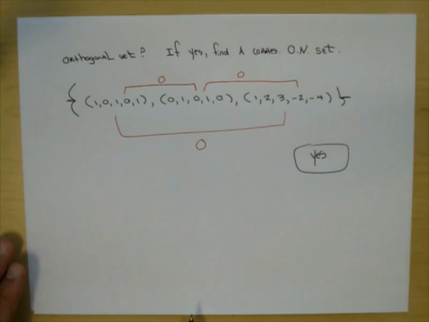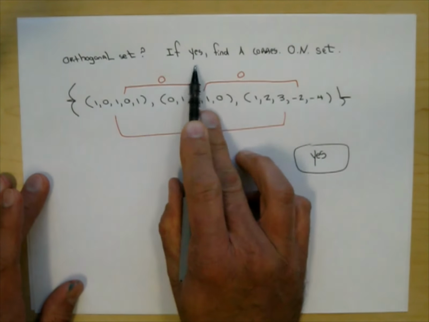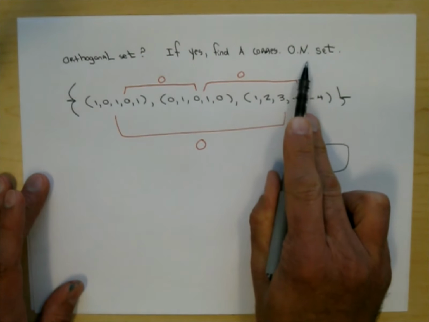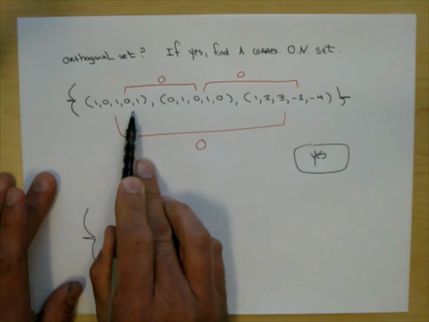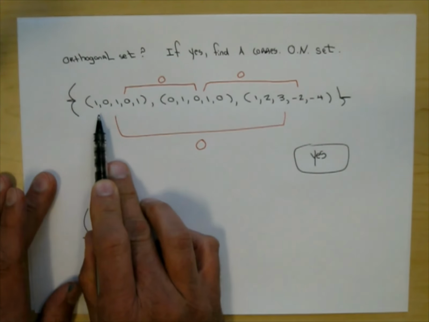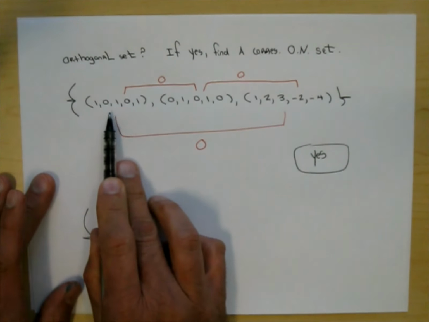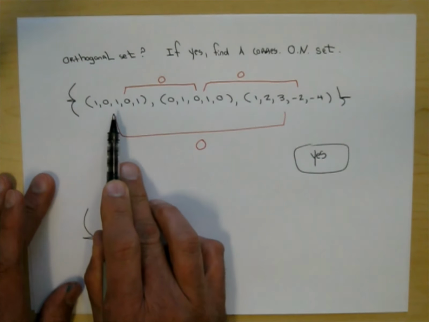An orthonormal set is a set where it's orthogonal and each vector has length 1. So we have a yes here, so we have to find a corresponding orthonormal set. Let's do that. I'm going to divide this vector by its length. The length of this vector is the square root of the dot product of this vector with itself.